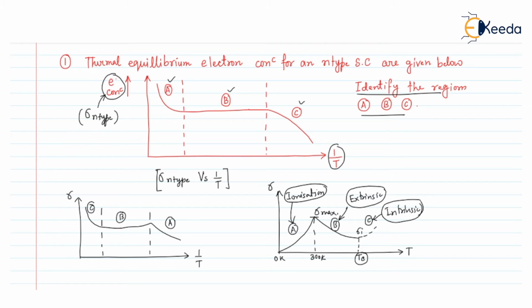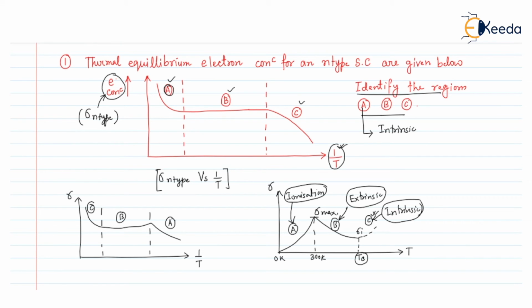So from this graph we can say that this A region is the same as this C region, because here it is 1 by T. So the A region will be called the intrinsic region.